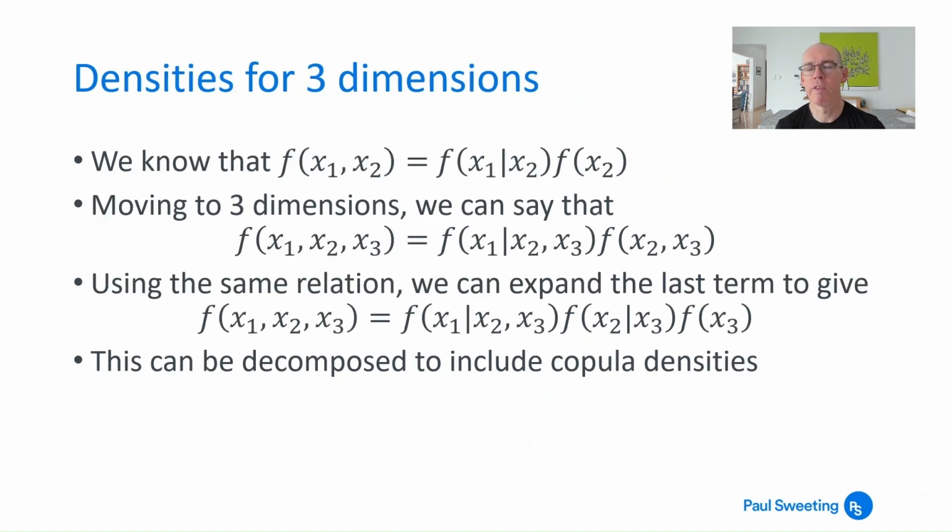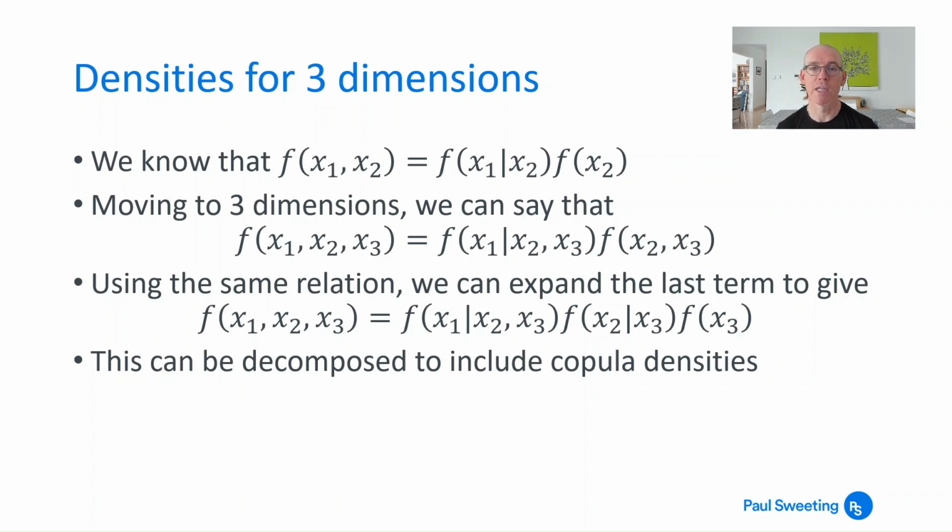If you think back to last time's video, we know that f of x1, x2 is equal to f of x1 given x2 times f of x2. So we can move that to three dimensions, and we can say that f of x1, x2, x3 is equal to f of x1 given x2 and x3 multiplied by f of x2, x3.